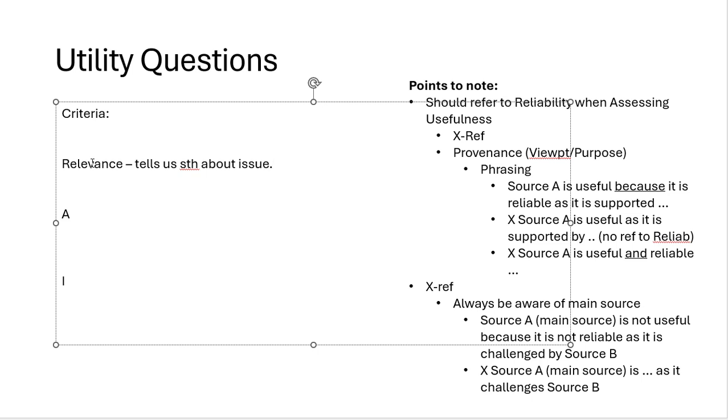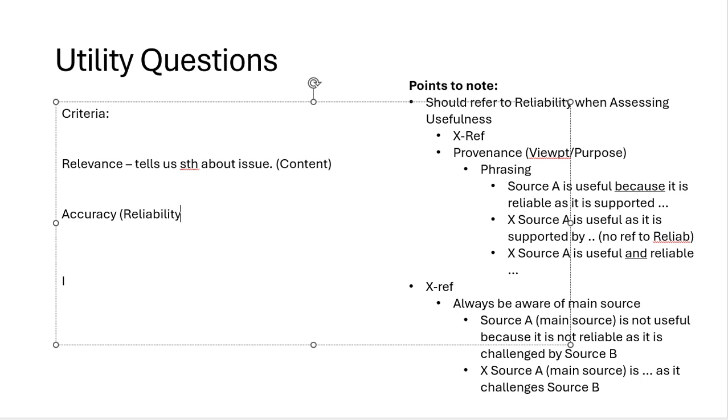This is when we make an inference, and based on the inference, if it's related to the topic that we want to find out about, it is going to be useful. This is on the content level, the most basic level. Then another way to determine if a source is useful or not is to look at its accuracy or reliability.